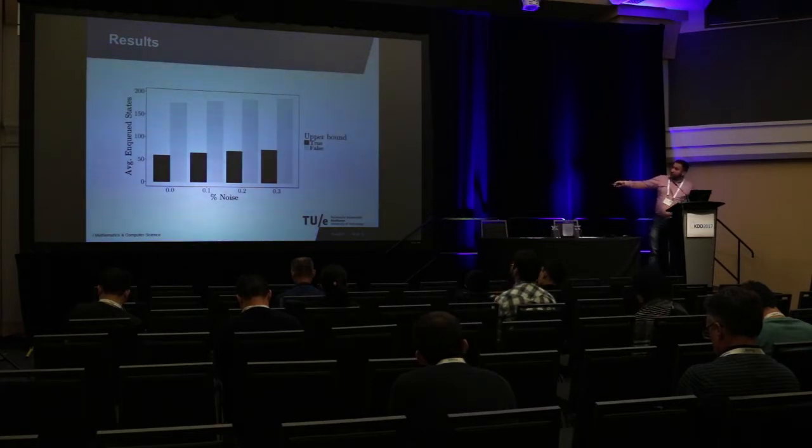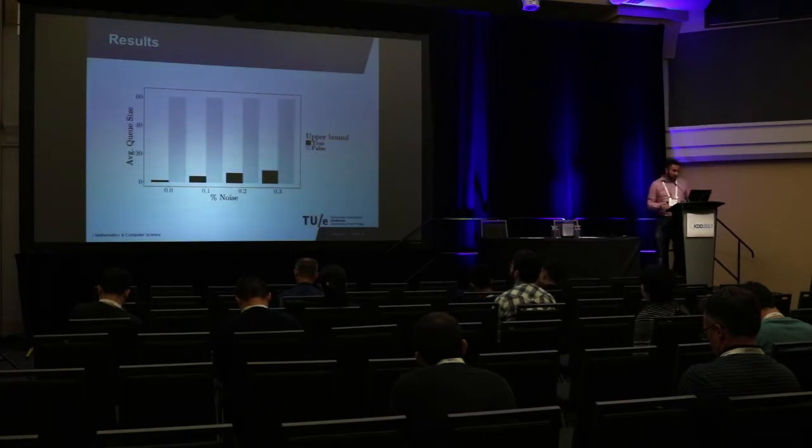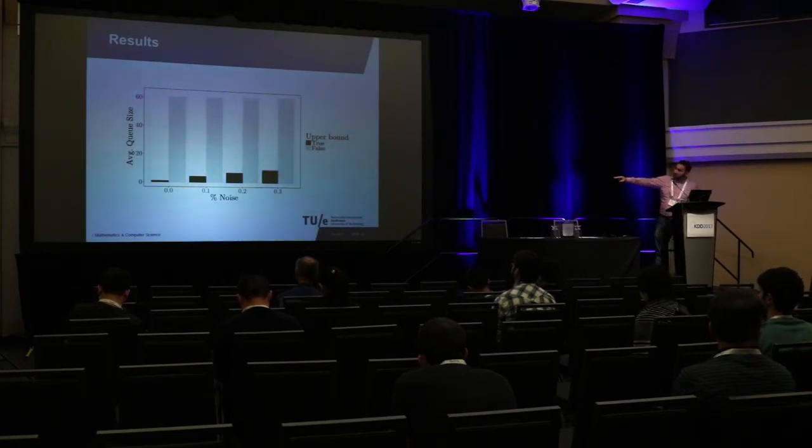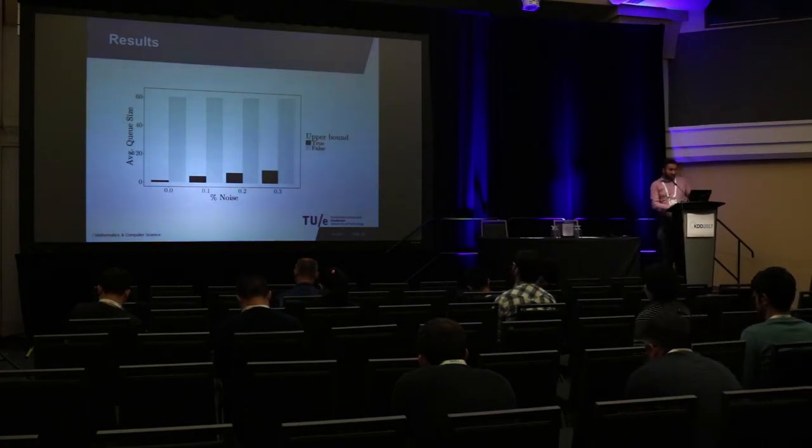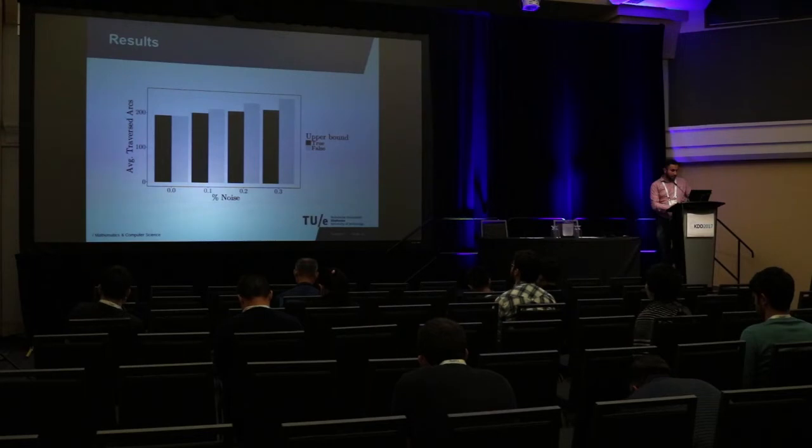Here we show that by using our upper bound approach for pruning the search paths, we are saving a lot of space. This is even more obvious when counting the size of the queues that we were using. And obviously, when we increase the amount of noise, we need more states to visit.